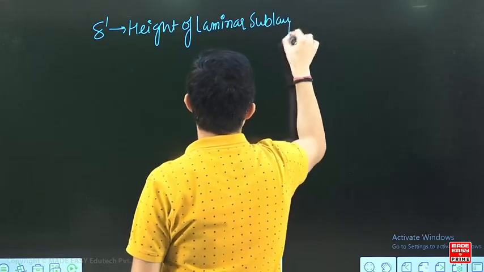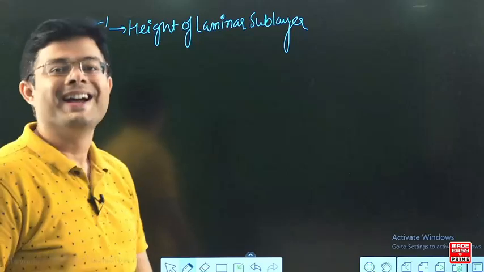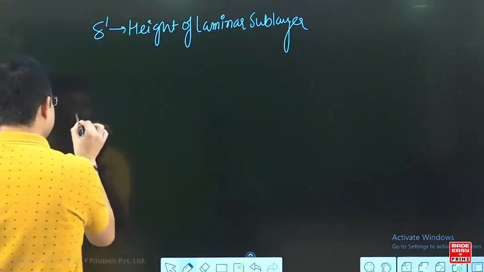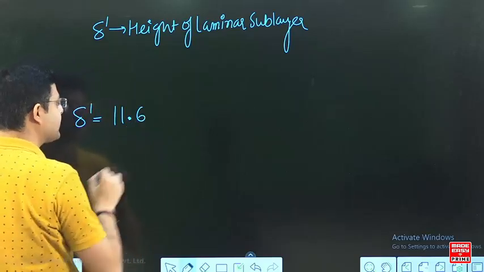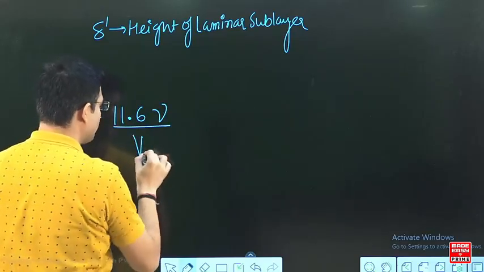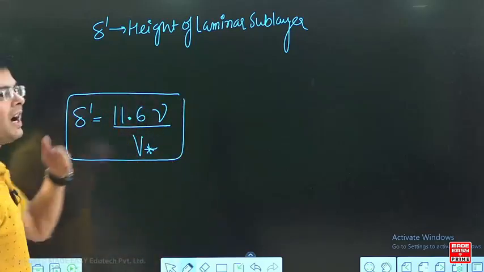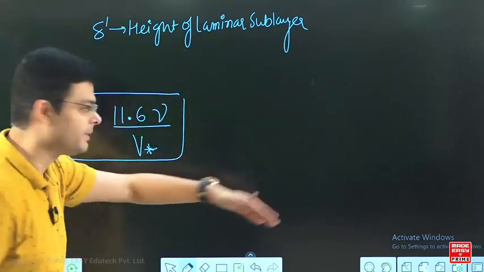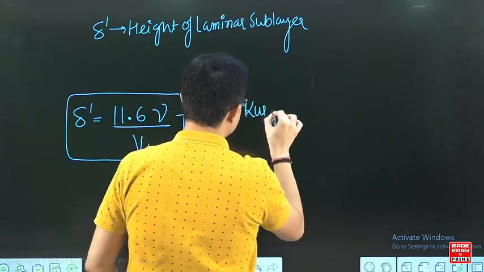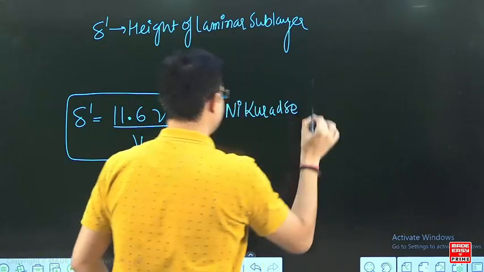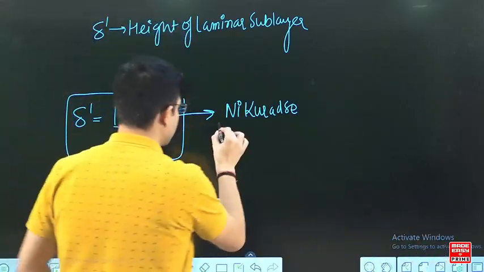Delta dash is the height of the laminar sublayer. And you know, the height of laminar sublayer was given by a very famous scientist in the field of turbulent flow, Nikuradze.